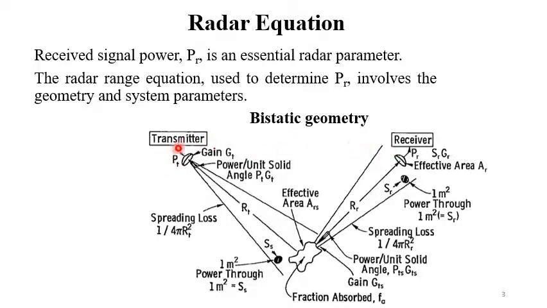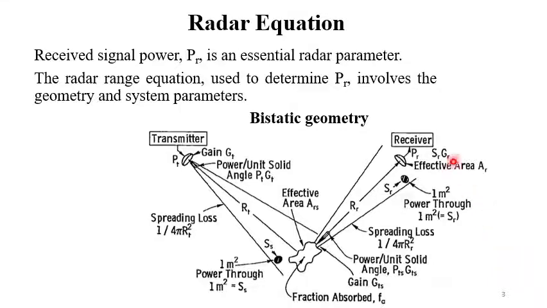And this figure is showing the bistatic. That means transmitter and receiver are present at two different geographic locations. And for multistatic, we have a number of receivers placed at different geographic locations, n number of receivers instead of a single receiver.